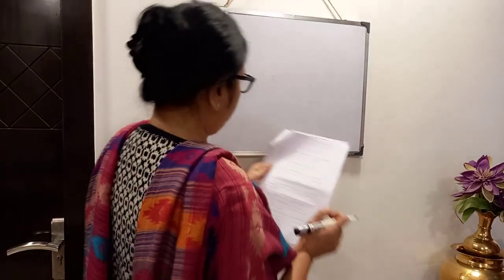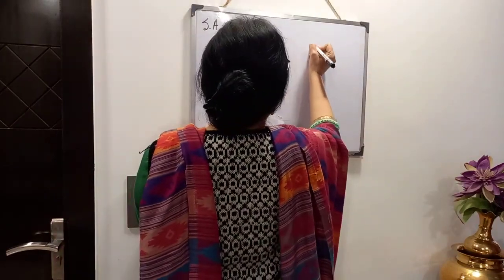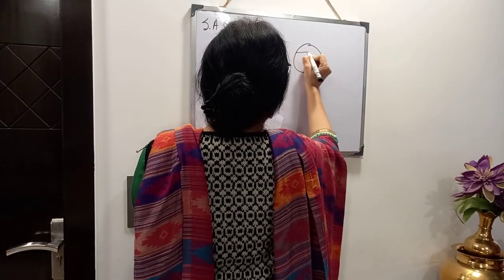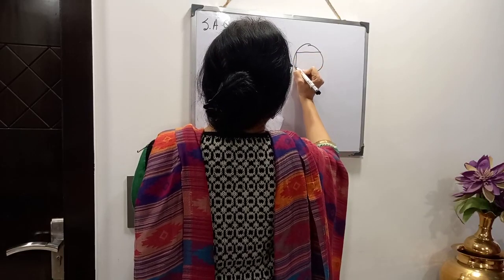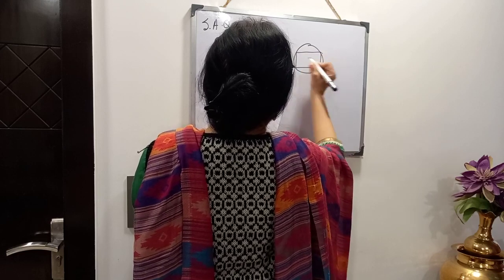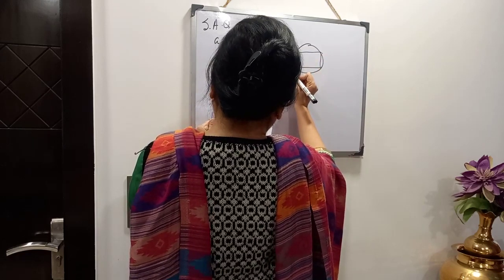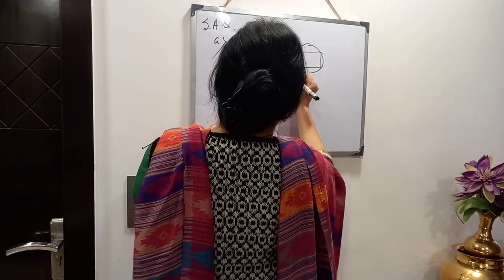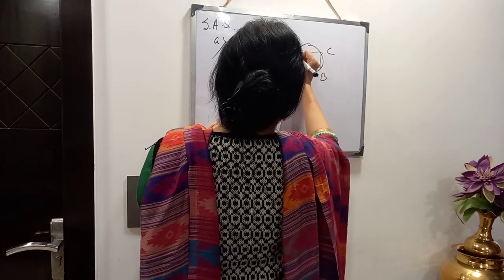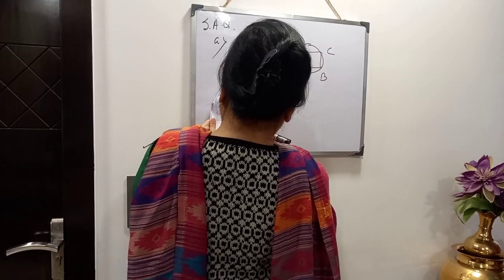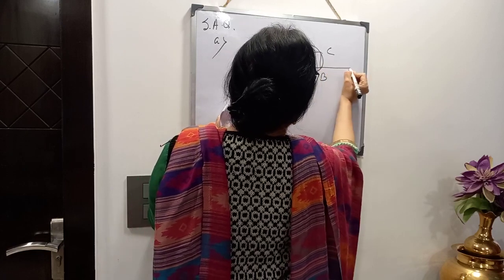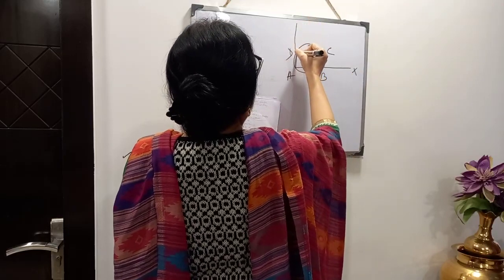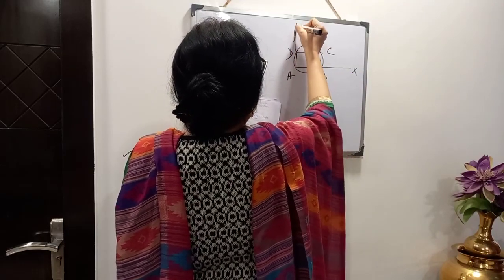Okay. First we are drawing. In a cyclic quadrilateral ABCD, AB is produced to X and AD is produced to Y. It will be straight.